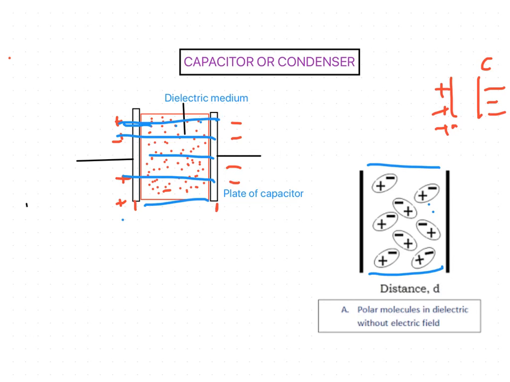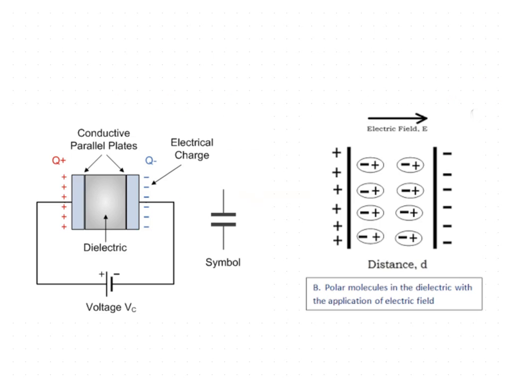Now here these two plates are charged. Once these two plates are charged, what happens to the molecules here? These are the molecules arranged in the dielectric medium. Here you can see these are the conductive plates and this is the dielectric medium, and it is connected to the electric source.